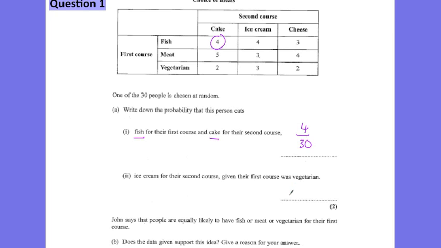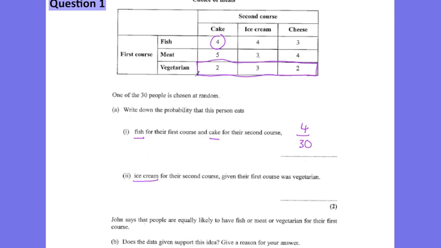Write down the probability that this person eats ice cream for their second, given their first course was vegetarian. So only look here at the vegetarian. So we know that they've definitely had the vegetarian first course.